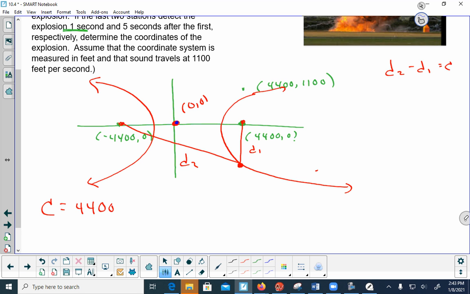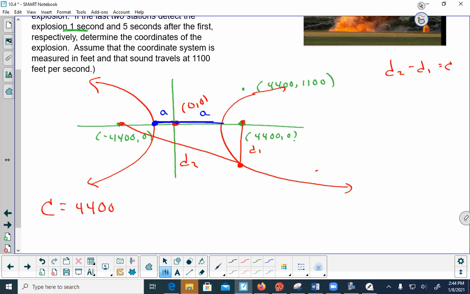If I have this point here, that's A. If I take the constant, and I can take any number, let's take this vertex.